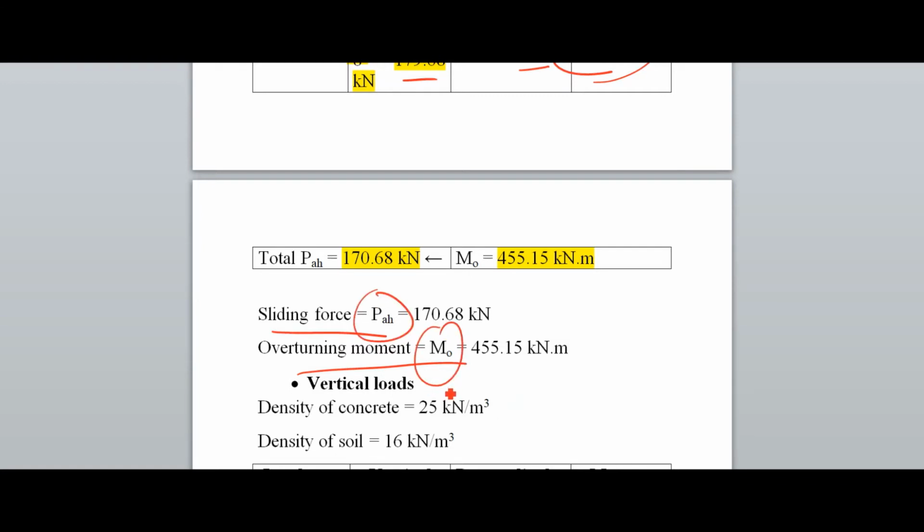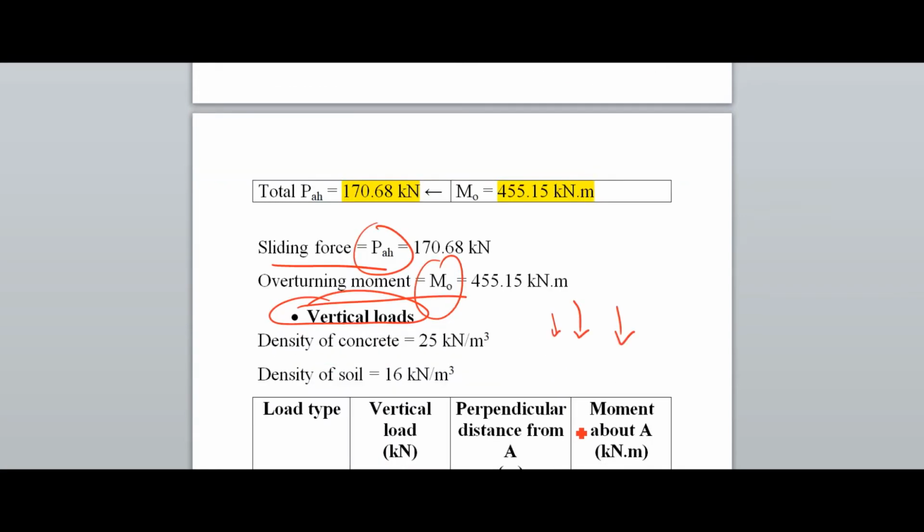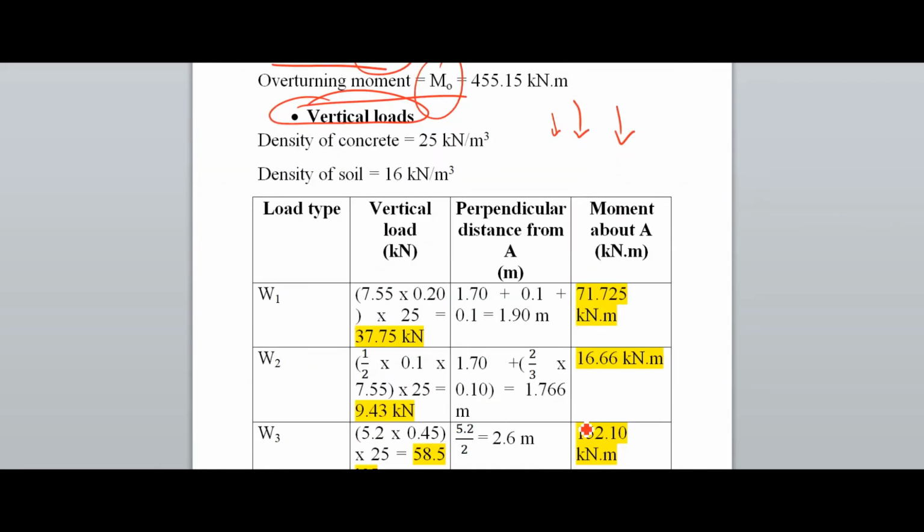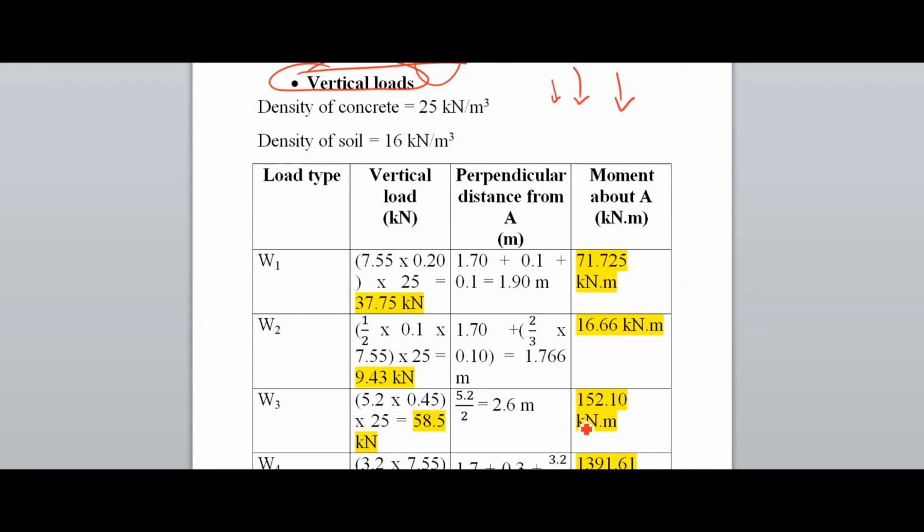Now we find out the vertical loads, means W1, W2, W3 downward, right? So density of concrete is 25, density of soil is 60. So load W1 is 7.55 into 0.20 into 25 because of the concrete. So you can find the moment is 71.75.